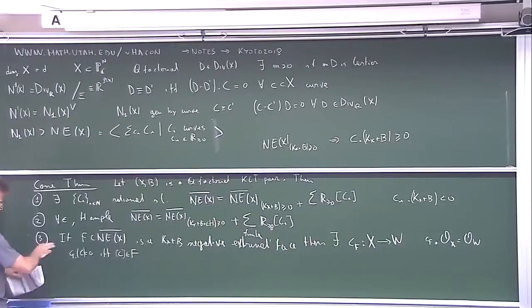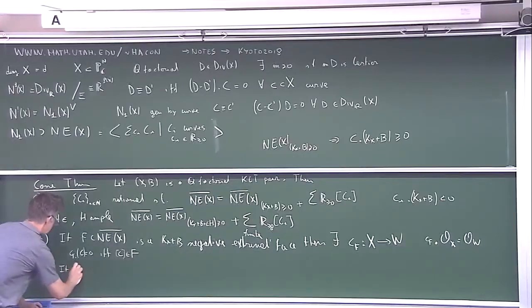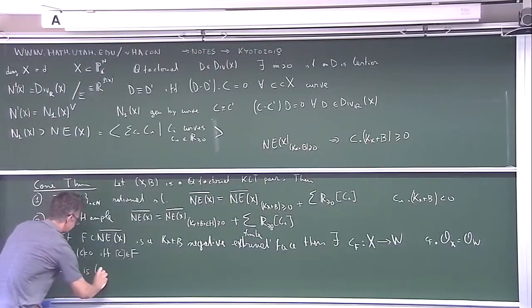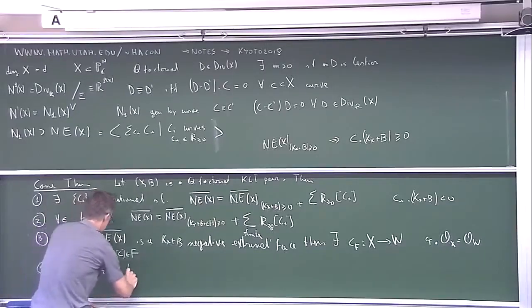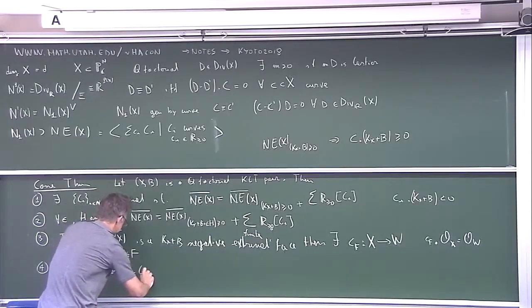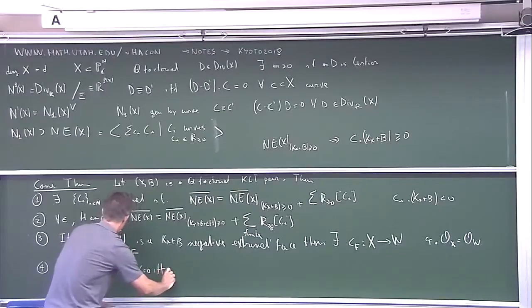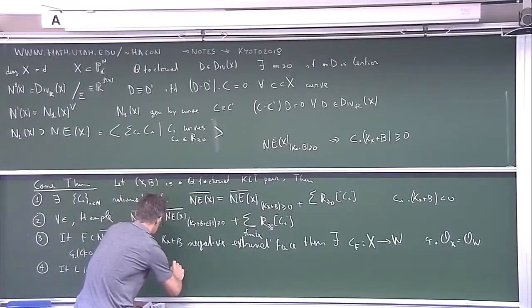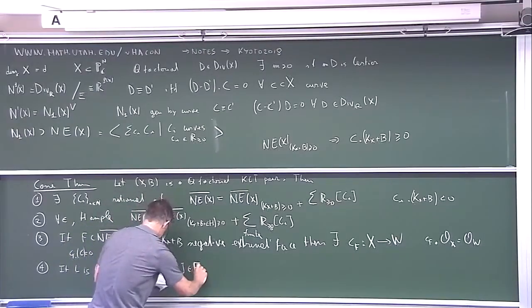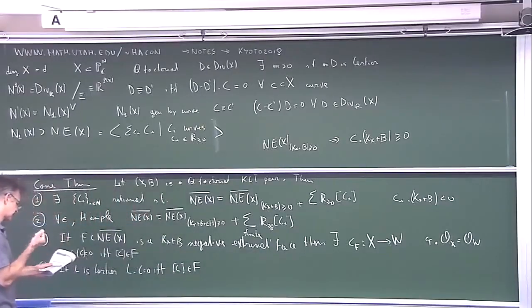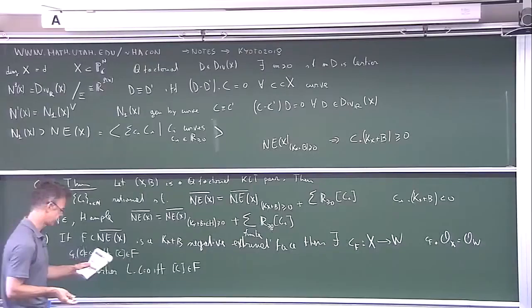I'll say a little bit more about this in a second, but let me make the last statement of the cone theorem. Suppose that L is Cartier and L dot C is equal to 0 if and only if the class of C belongs to my face. So this is a line bundle which intersects trivially precisely the curves contracted by this contraction map c_F.